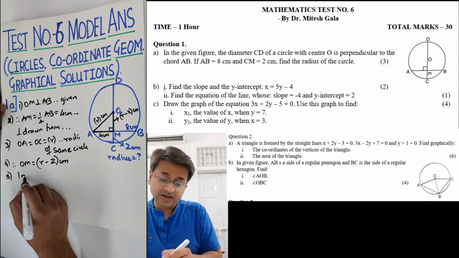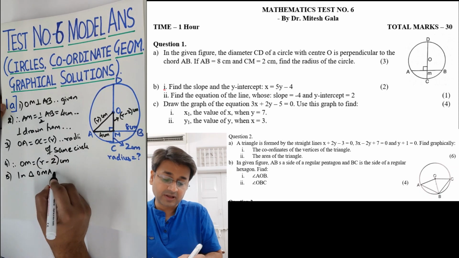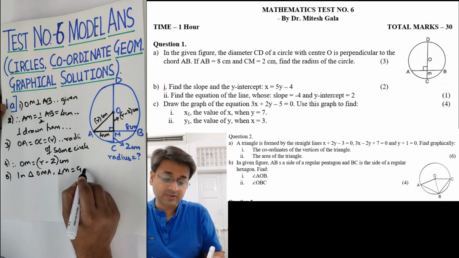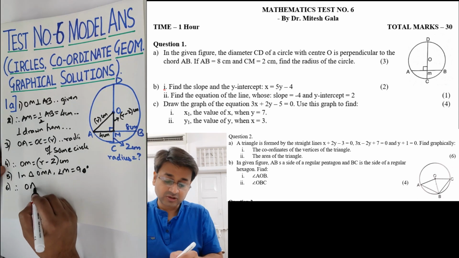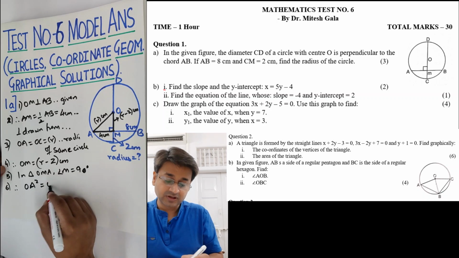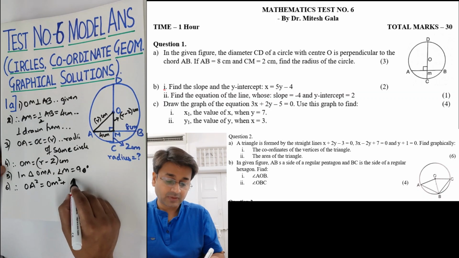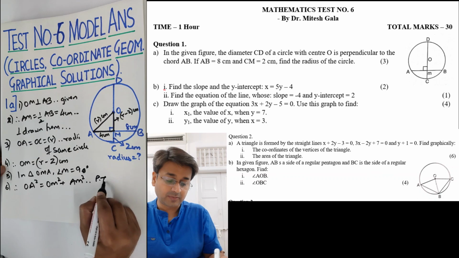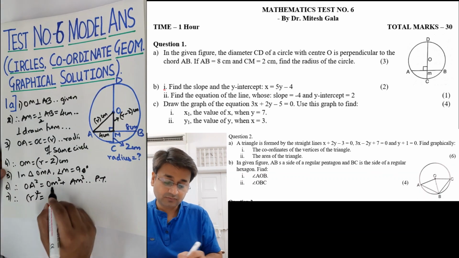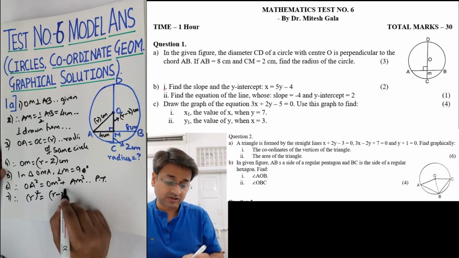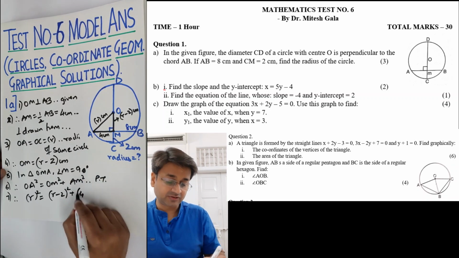Now, finally, in triangle OMA, we shall say angle M is 90 degrees and therefore we are applying Pythagoras. So OA square is equal to OM square plus AM square. That will be Pythagoras theorem. So therefore, OA is r, OM is r minus 2 and AM is 4.